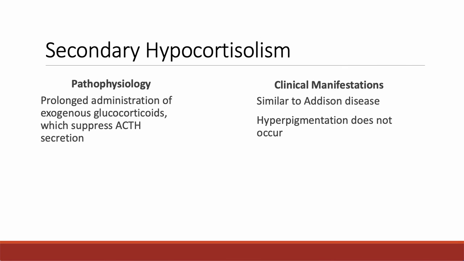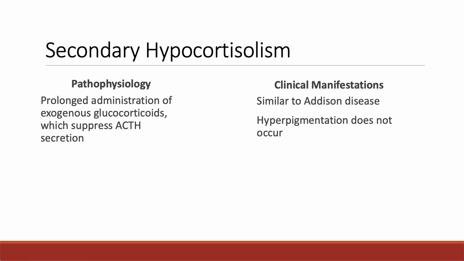There is a primary and a secondary form of hypocortisolism. Secondary hypocortisolism is caused by that dreaded clinical scenario where somebody's on glucocorticoids for a long time, more than a week or two, and they're at a high enough dose that it's suppressing ACTH production.